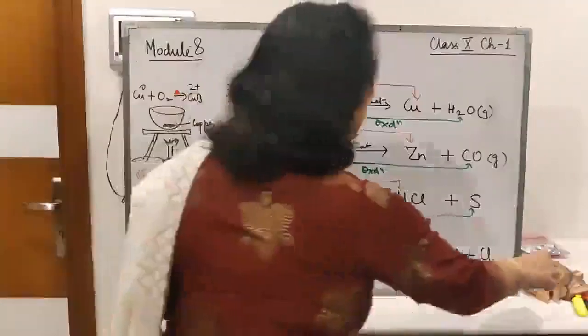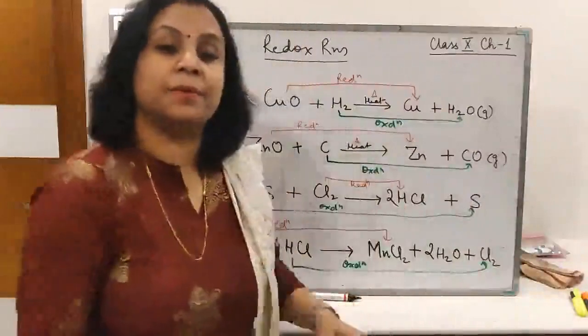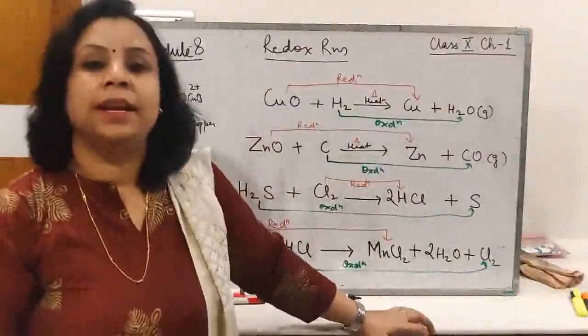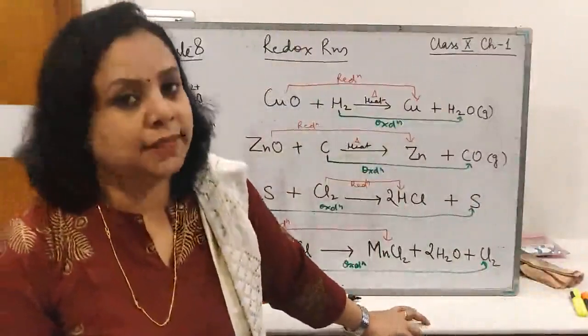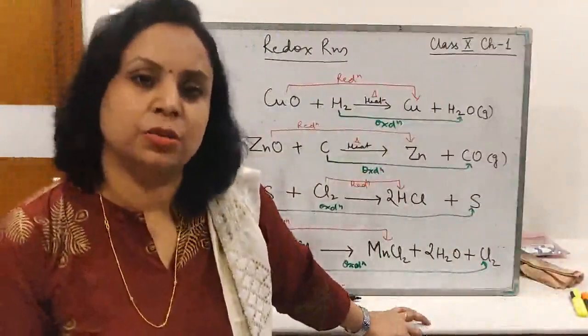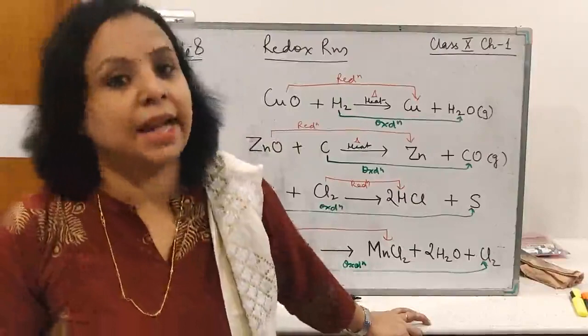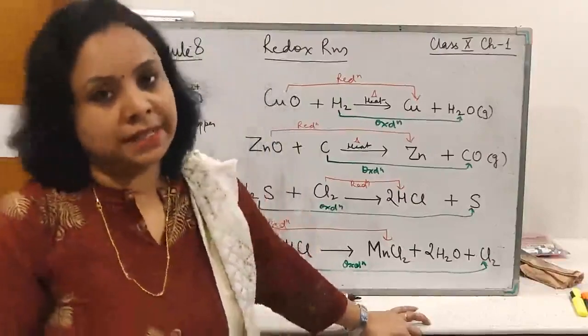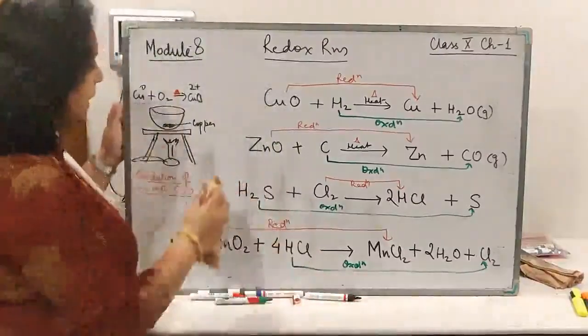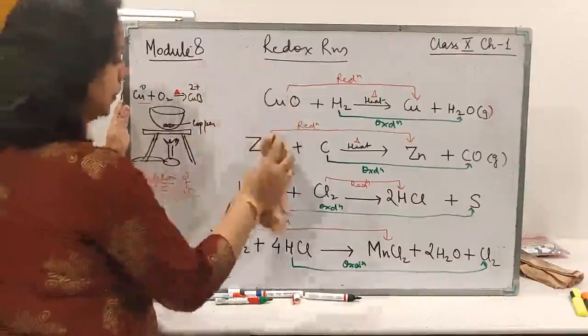Now, children, there are some substances which help in the process of oxidation and reduction also, and they are known as oxidizing agents and reducing agents respectively. Now, what are oxidizing agents?